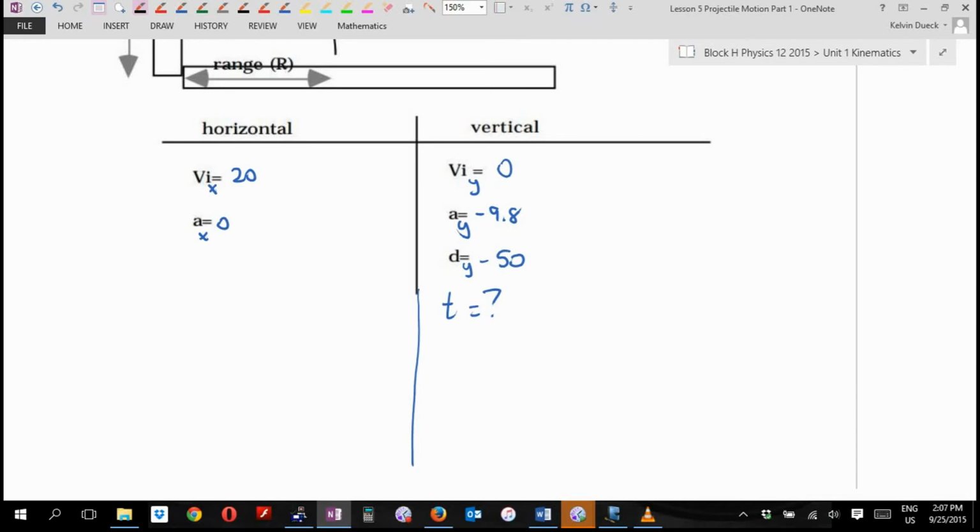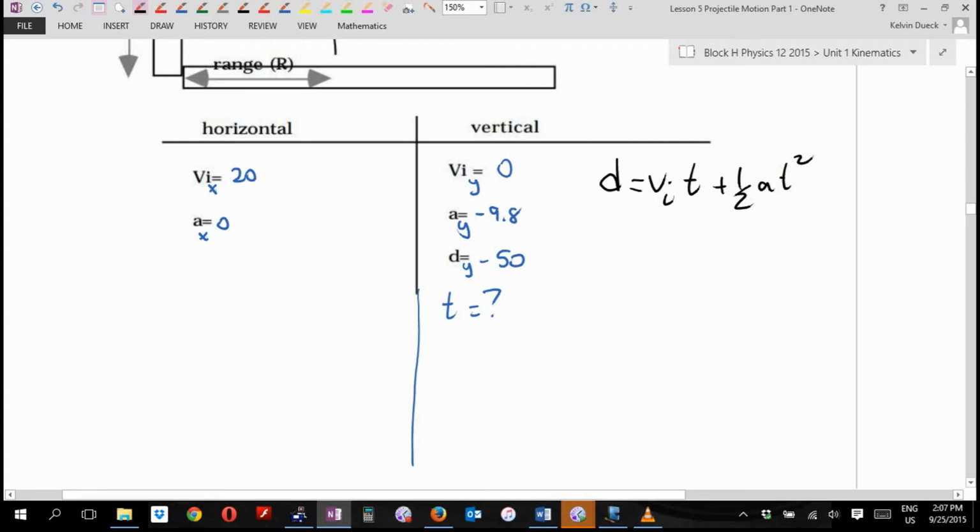And I'm going to go VI because that's what I'm kind of used to, plus a half A. But you know what? I'm even going to be fussier. Look up. Are we vertical right now or horizontal? I'm going to remind myself, vertical, vertical, vertical.